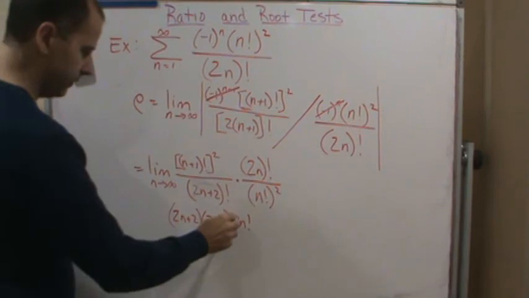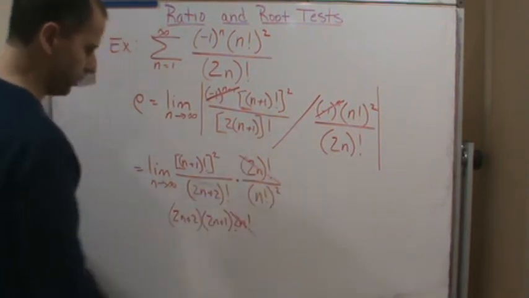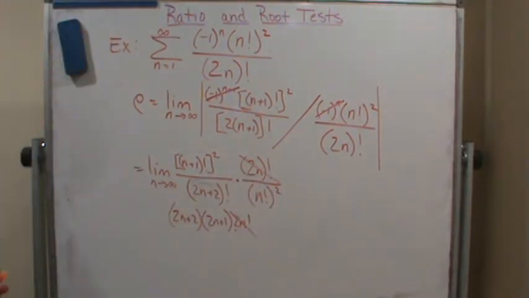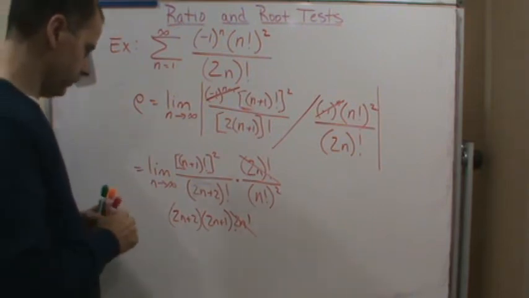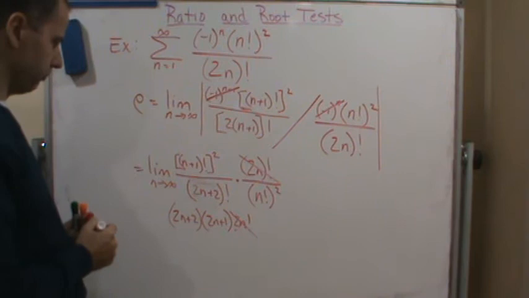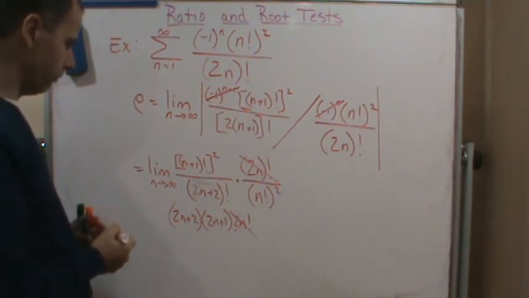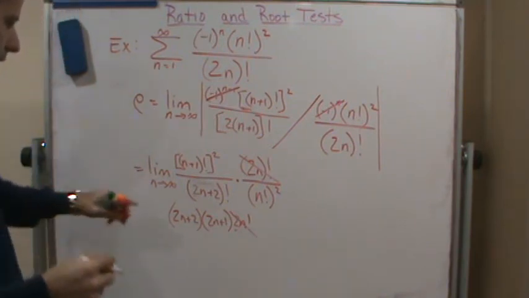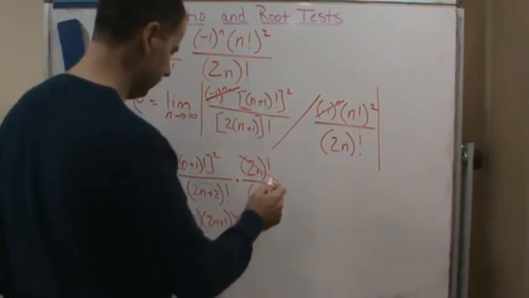And then this factorial cancels with that factorial. So then I end up with this. And then I can combine these two as well.